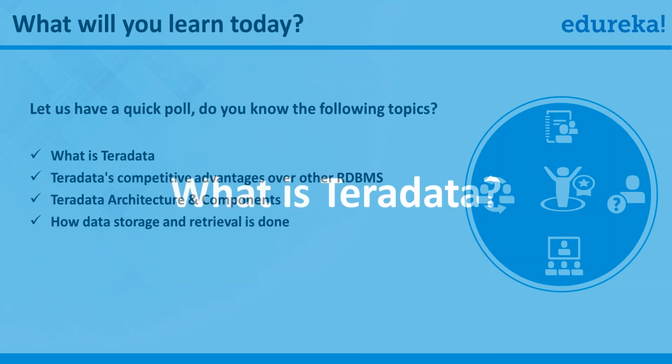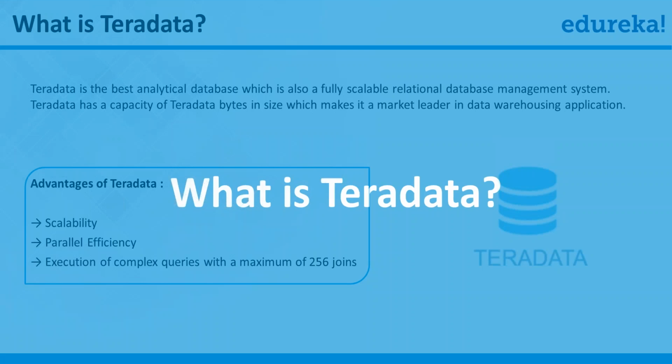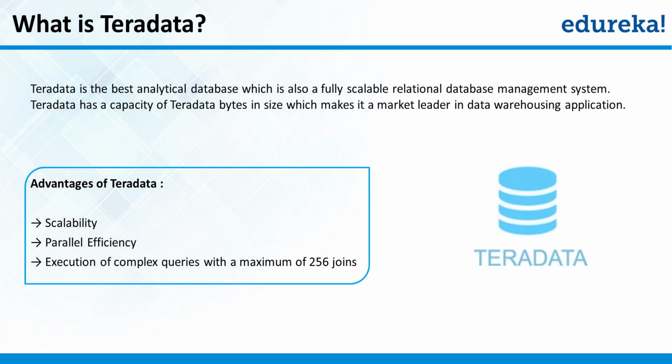Okay, so that gives Teradata some competitive advantage over other RDBMS, right? And then we will also look at the architecture. We'll start with it, but it's huge, so we will need a few more classes to complete that, but we will start with the architecture today, and then how data is stored and retrieved in Teradata.